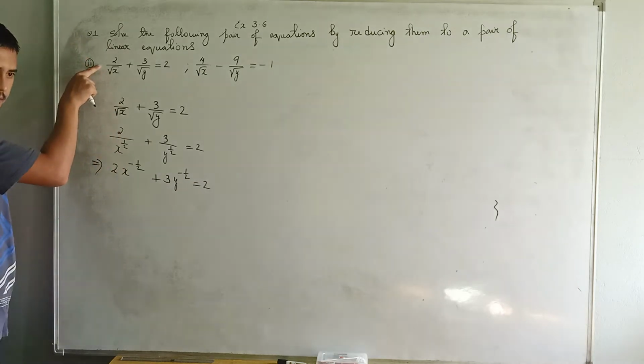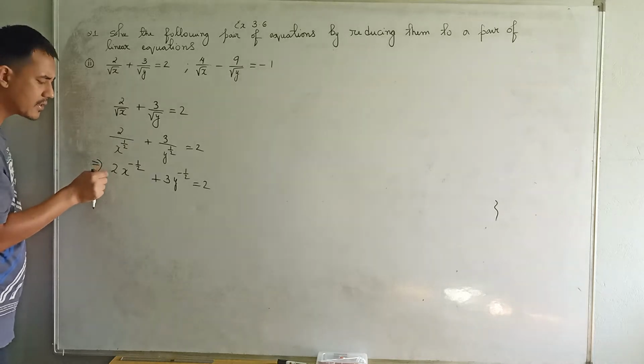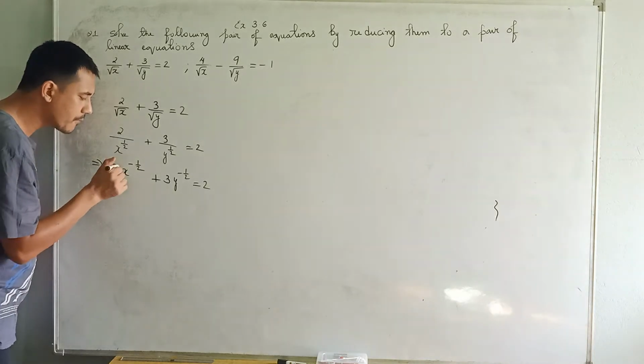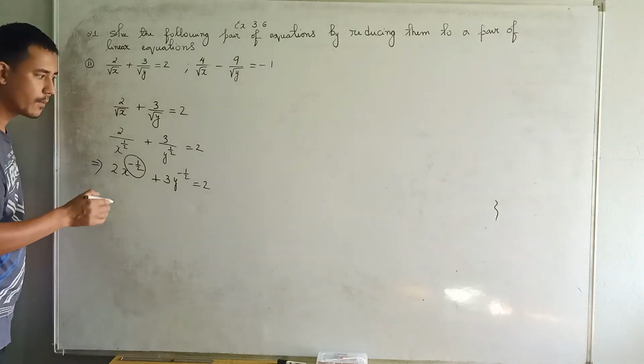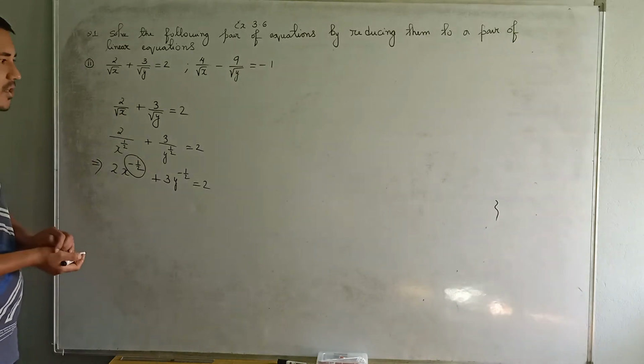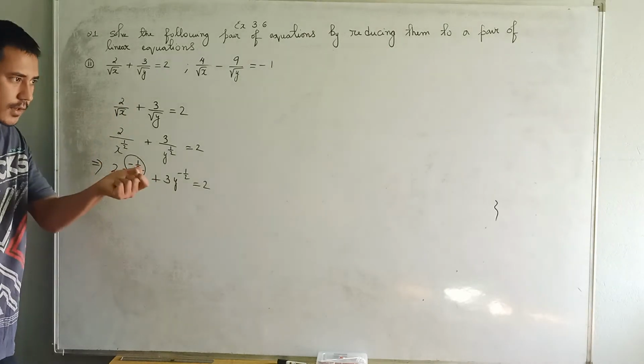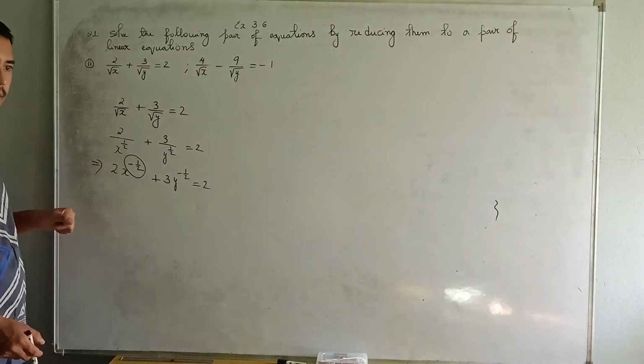So I'm rearranging this equation. Then what we find is that the power of x is minus 1 by 2, which is not 1. In order to be a linear equation, the power of the variable should be positive 1. But here it's negative 1 by 2.